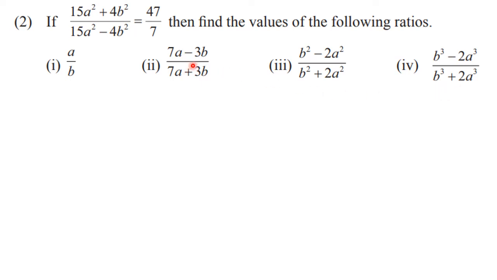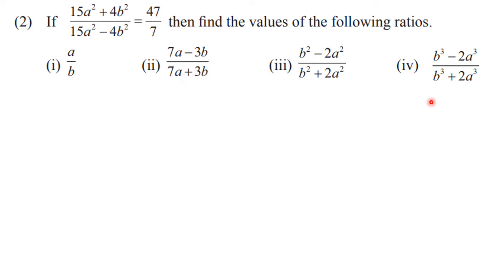But here again there is one more change. In the first question, plus sign was in numerator and minus was in denominator. But here minus is in numerator and plus is in denominator. Okay. So this is not componendo dividendo. If we invert it, it is going to become componendo dividendo.